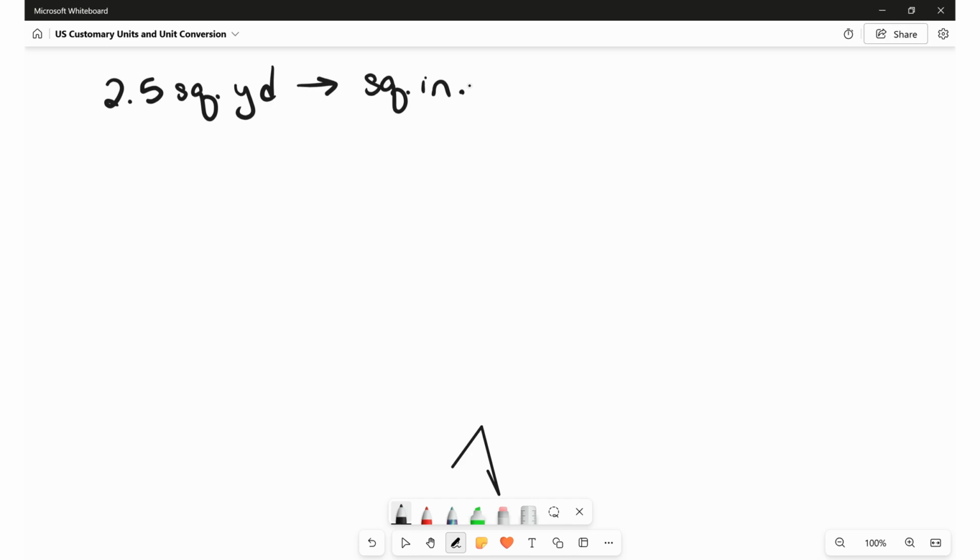The first thing we need to do is look at our conversion from square yards to square inches. The conversion from our chart is that 1 square yard is equal to 1,296 square inches.